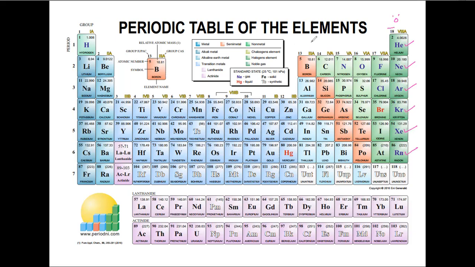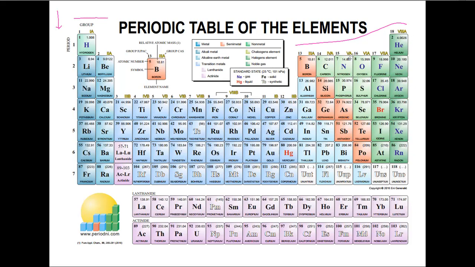Now, let me just tell you that all the A things, first A, second A, third A, fourth A, fifth A, sixth A, seventh A, and then zero group, remember these in the form of groups. First A group, hydrogen, lithium, sodium, potassium, rubidium, cesium, and then francium. Second A, beryllium, magnesium, calcium, strontium, barium, and radium.